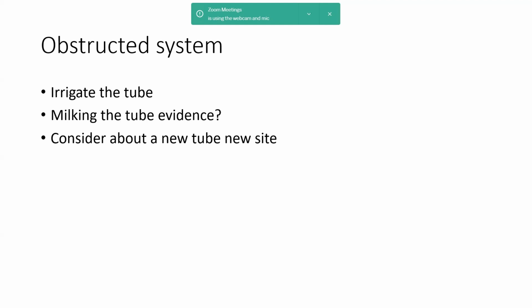They say only if a very expert is there, milking can be tried. Otherwise, in non-expert hands, that can be very dangerous, very cumbersome for the patient and the procedure as well. So, if you can't get the obstruction out, but still the tube is indicated, I think we should go for another tube, possibly on a new site.